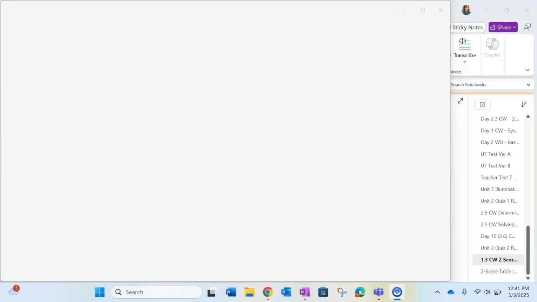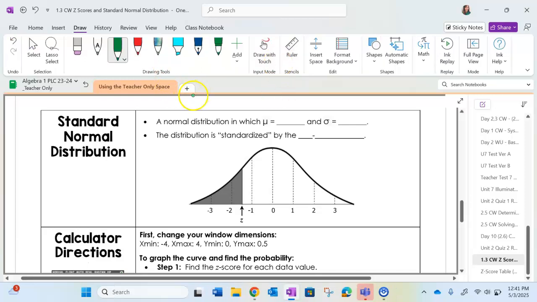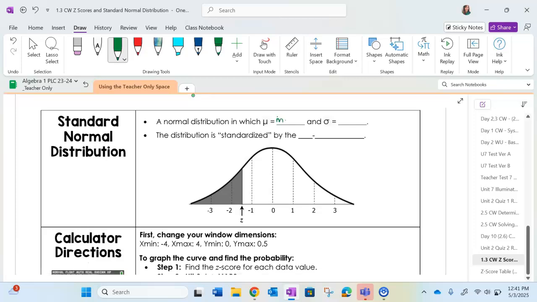Oh, what is happening with my thing? There we go. Okay. So a normal distribution in which that symbol mu is the mean. Okay, that is the mean. And this symbol here, I call it sigma, is the standard deviation.